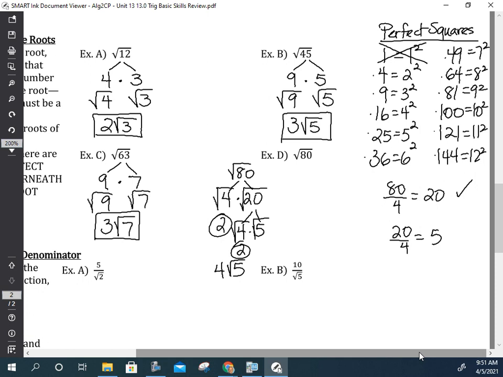That's 4 square root of 5, which is the answer to the problem. But notice you had to break it down twice. You could have solved this problem by only breaking it down once.